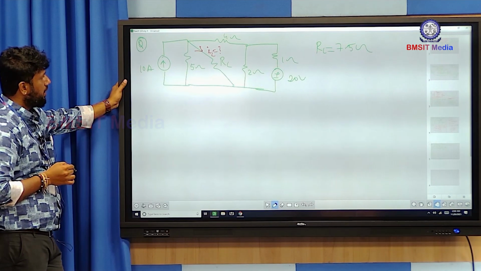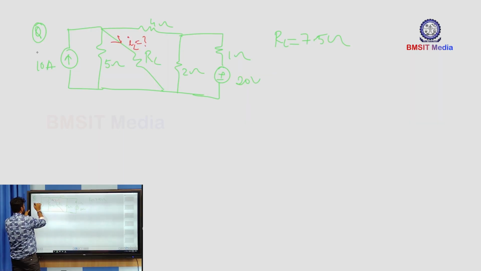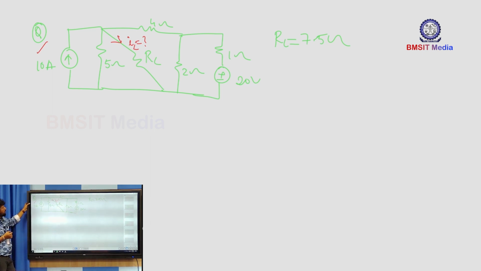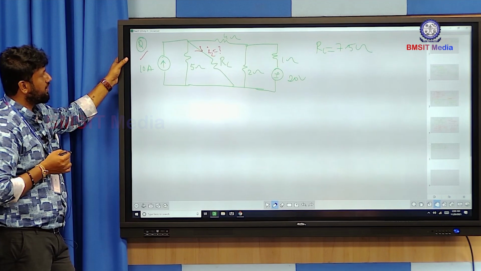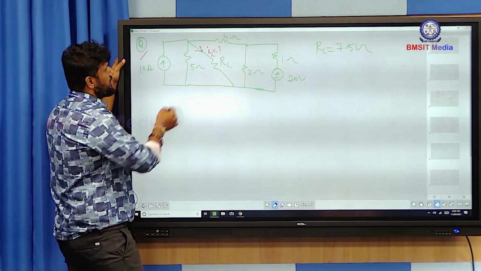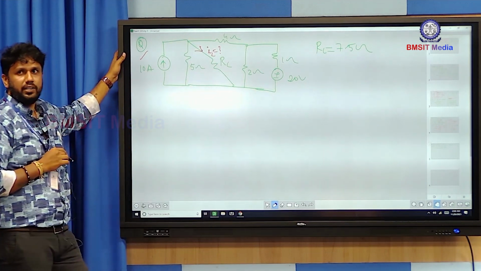Now observe the given electrical network. There are two sources given here: one is a current source of 10 ampere and the other is a voltage source of 20 volt. As per the SPT, the response in any particular branch is the algebraic sum of the individual responses by considering one source at a time.